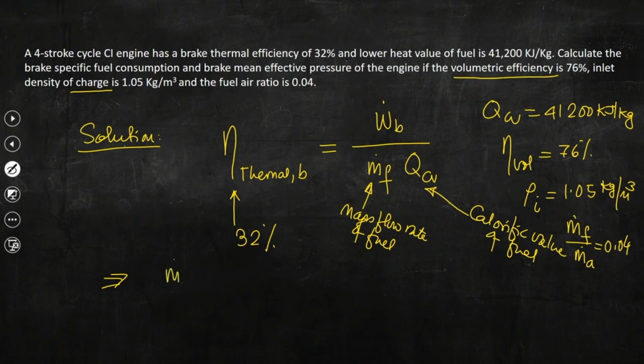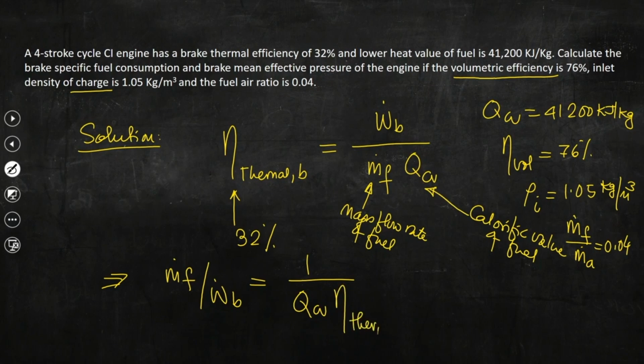So, m dot f by W dot b equal to 1 upon QCV into eta thermal brake. This is equation number 1, because we know QCV and this quantity.